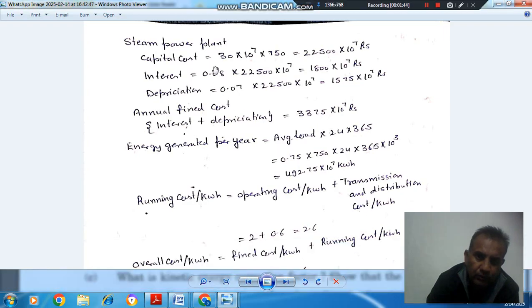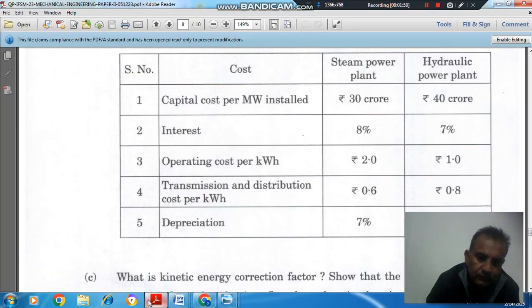The capital cost comes out as 30 into 10^7 into 750, that is 22500 into 10^7 rupees. And interest on this capital is 8% and depreciation is 7%, as given.